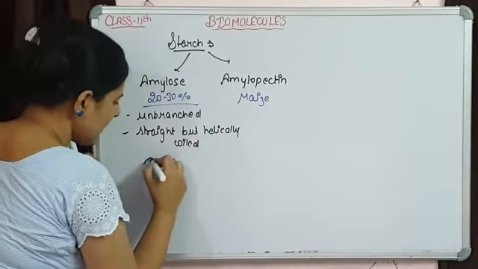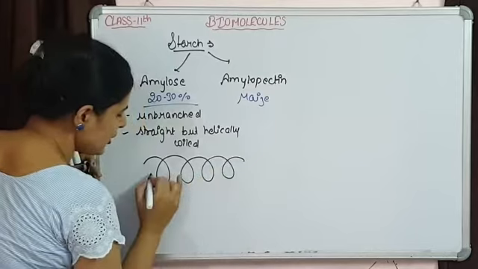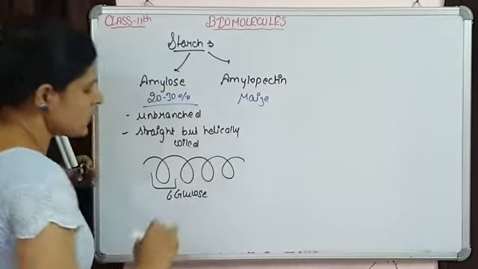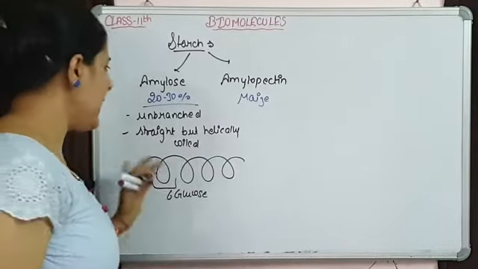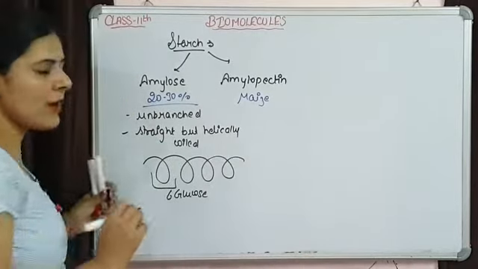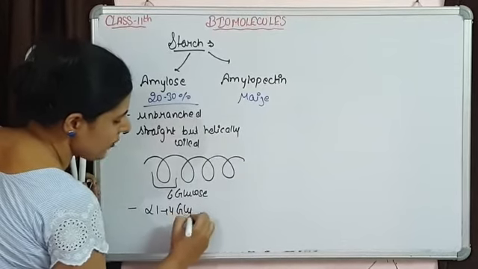So it is straight but helically coiled like this way, and each turn is going to have 6 glucose molecules. So 6 glucose subunits are present in each turn and no branching is there in amylose. And if we talk about the glycosidic bond, then alpha 1,4 glycosidic bond is present.